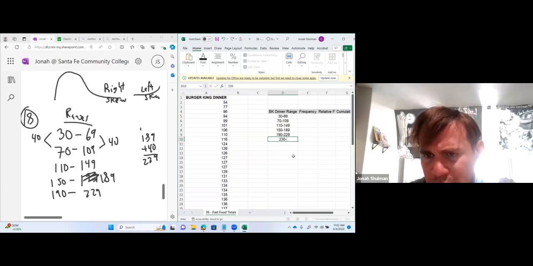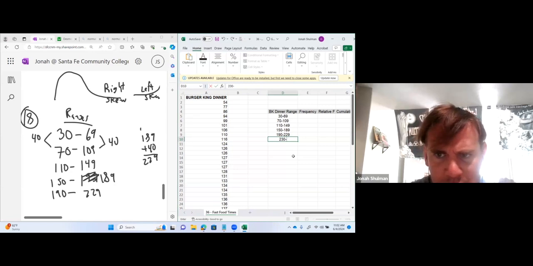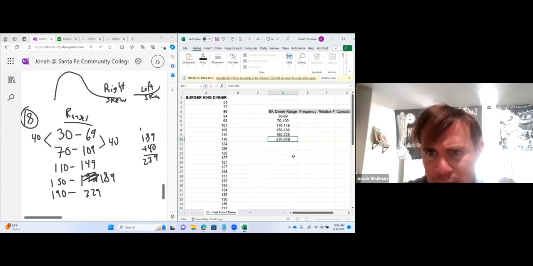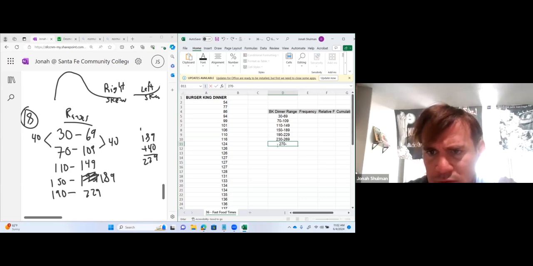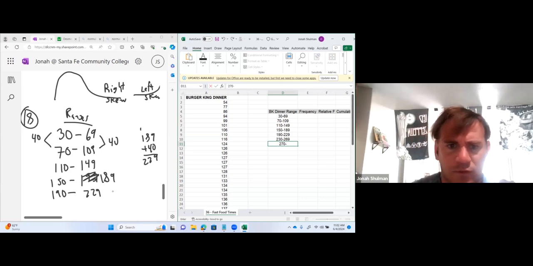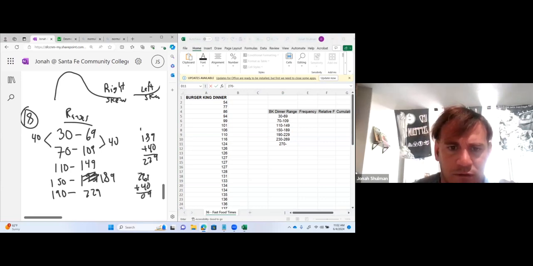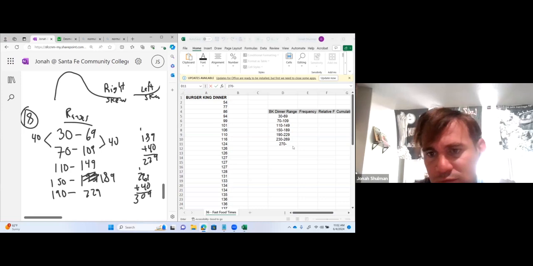And 229 plus 40 is 269. And the last one is 272. And if you want to do this yourself, 269 plus 40 is 309. I'm pretty sure this is as far as we have to go.